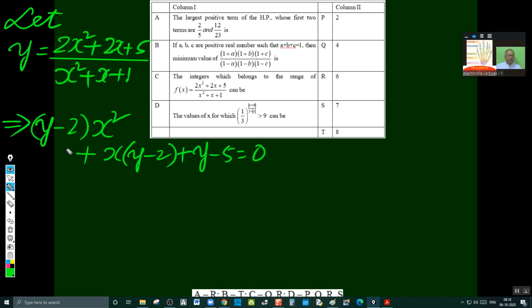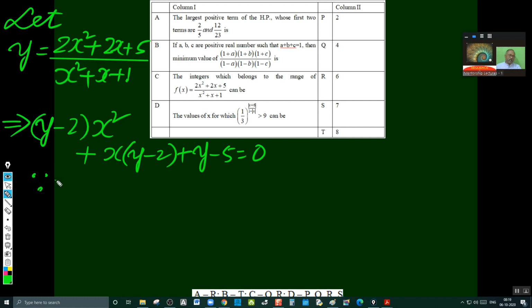I hope you know this method. Yes, sir, it was done in functions. Not only functions, if you take the topic quadratic expressions, equations and inequations, you must have come across this one there also.